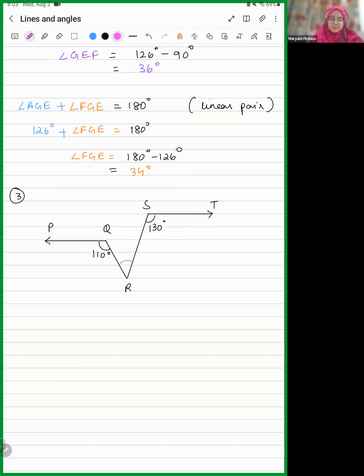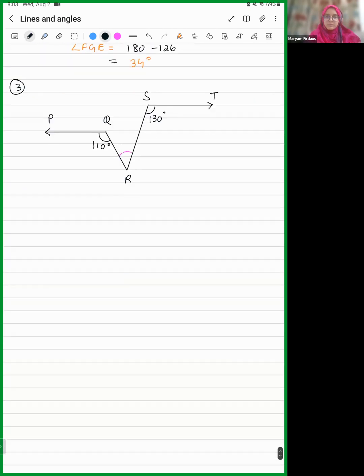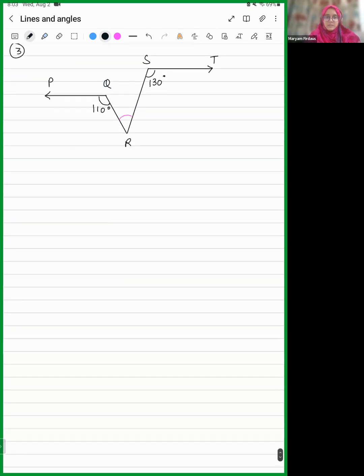How will you do this? Okay, see, even in the question there's a hint that's given.